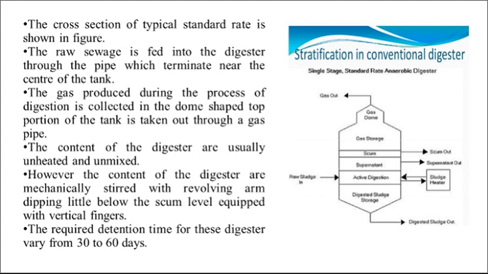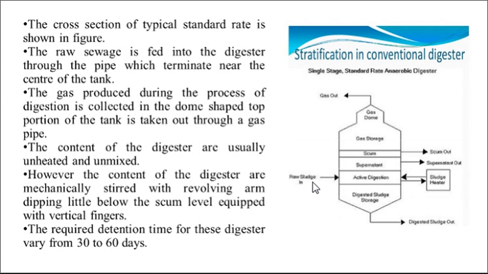The contents of the digester are usually unheated and unmixed in a standard rate digester. However, the contents may be mechanically stirred by revolving arms dipping a little below the scum level, equipped with vertical fingers. The required detention period for these digesters varies from 30 to 60 days, in which digestion of the sludge takes place.